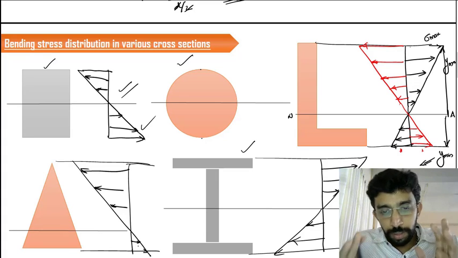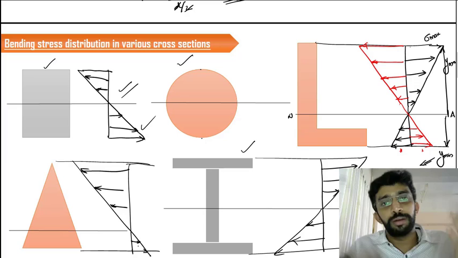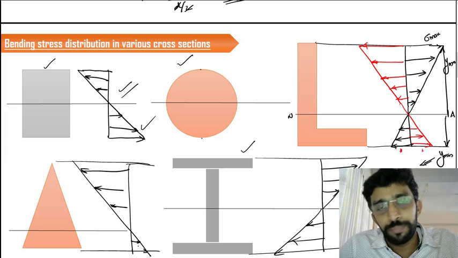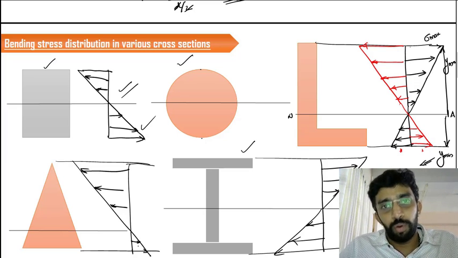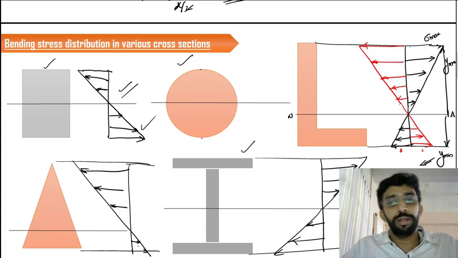So just by looking at the cross section itself, you can easily predict the behavior, and the magnitude can only be obtained using the equation. That's the only thing you have to keep in mind.